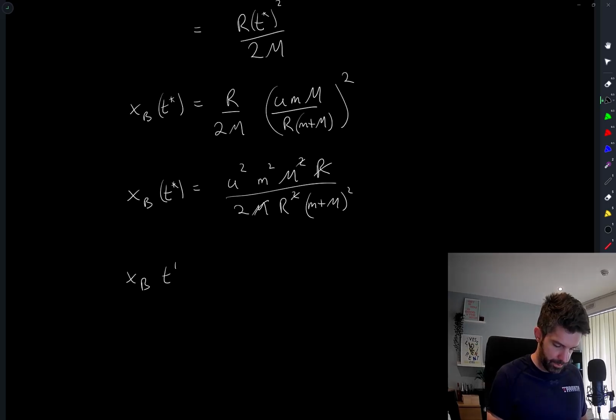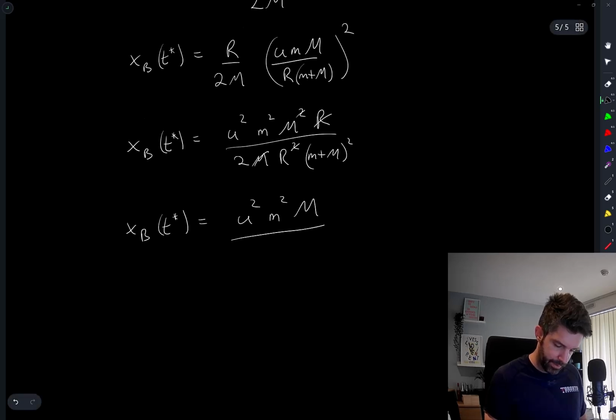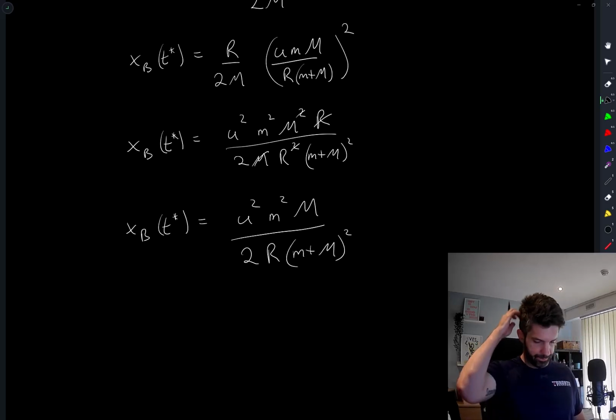So the position of the block is u squared m squared capital M divided by 2R times m plus capital M squared.